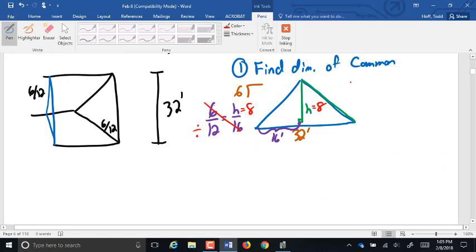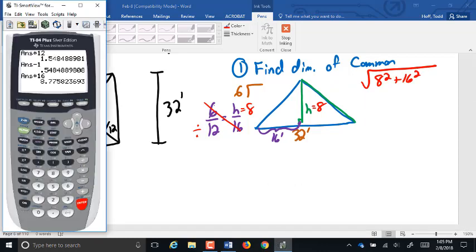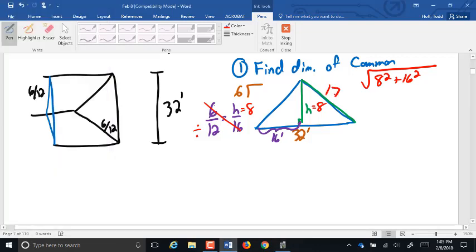It equals the square root of 8 squared plus 16 squared. We've got 17.889. Now at this point, I'm going to trust that you guys can convert that into feet, inches, and sixteenths. I'm not going to spend any time on that. So this length right here is 17.889 feet.